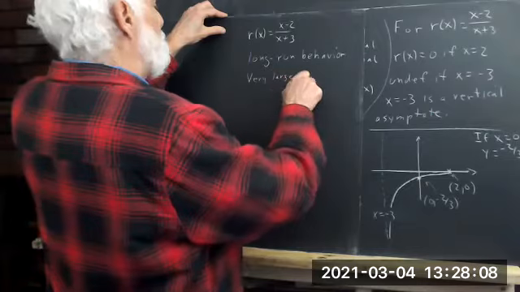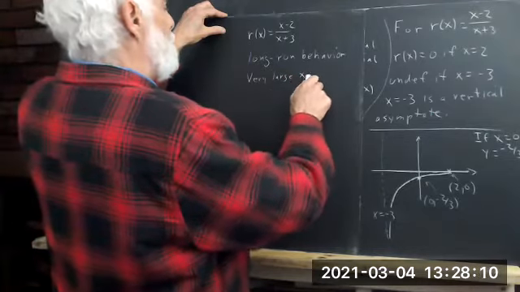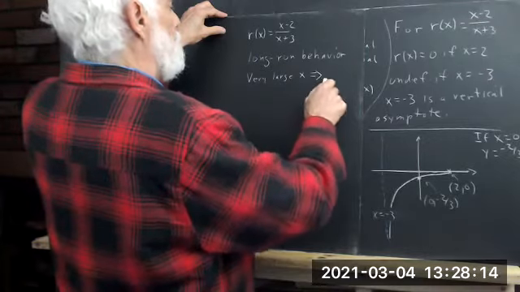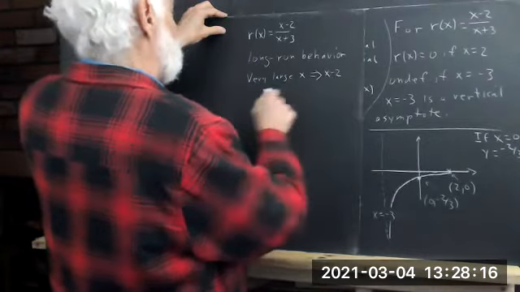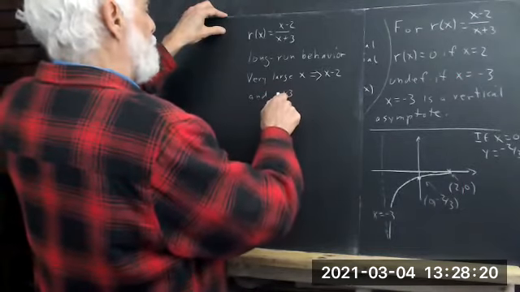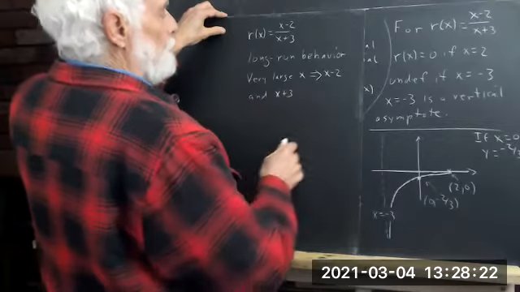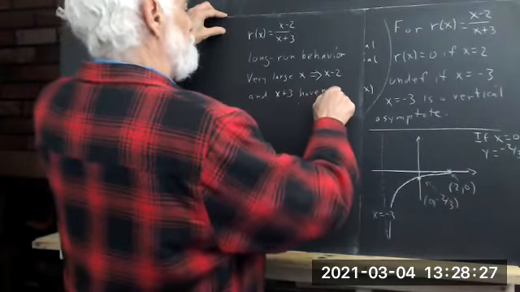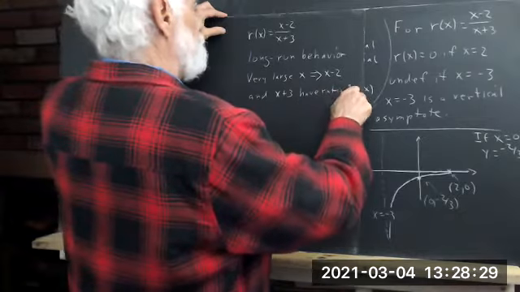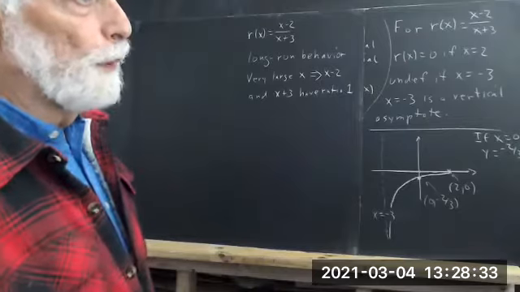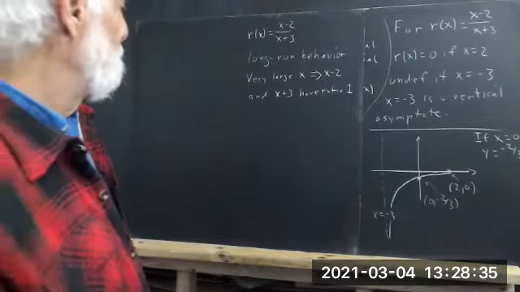Intuitively, this tells us that x minus 2 and x plus 3 have a ratio very close to 1.